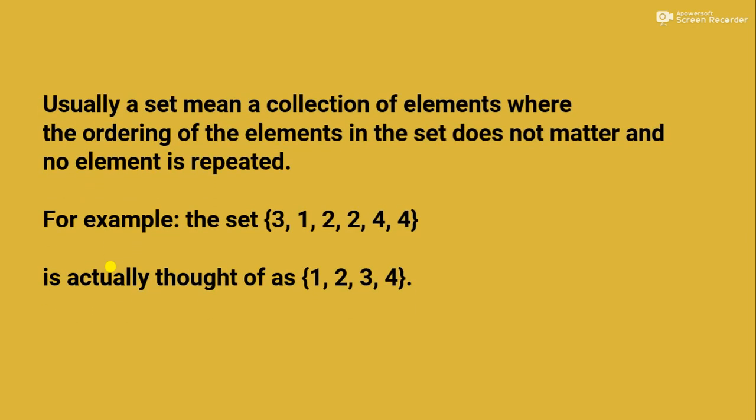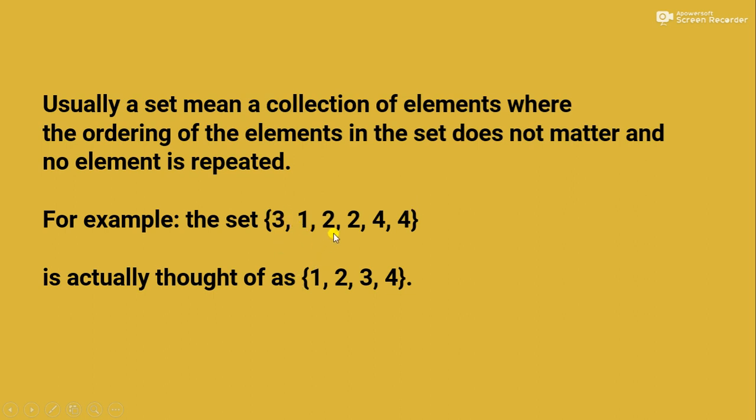Now a set is nothing but a collection of elements where the ordering of elements in a set doesn't matter and no element is repeated. Which means if we have a set like 3, 1, 2, 2, 4, 4, this set is actually equal to the set 3, 1, 2, 4, because in a set we don't allow repetition.